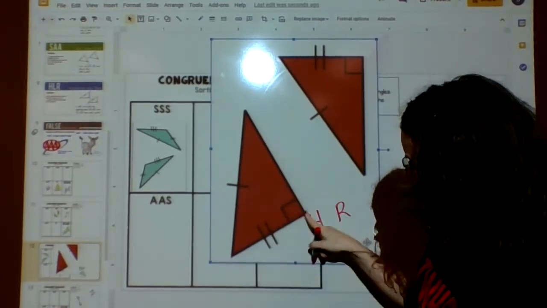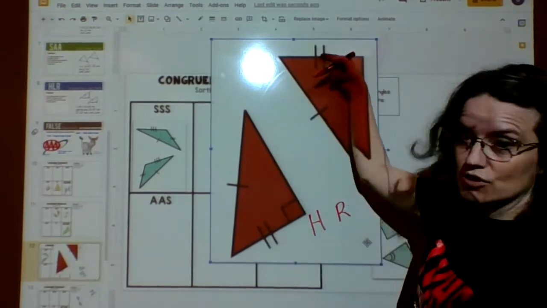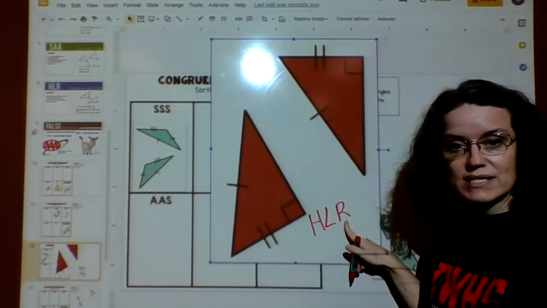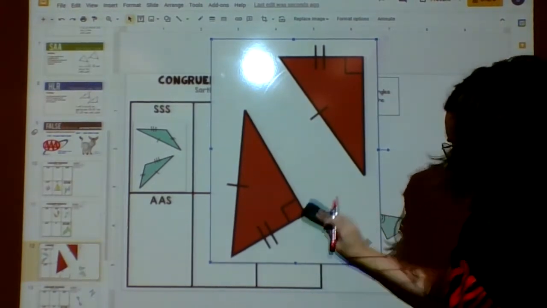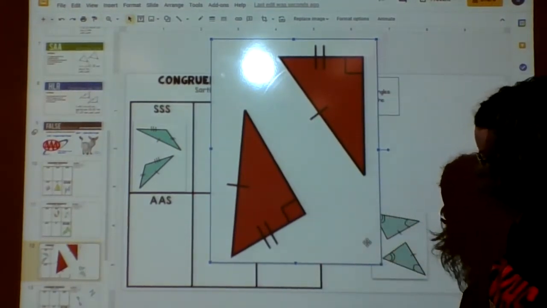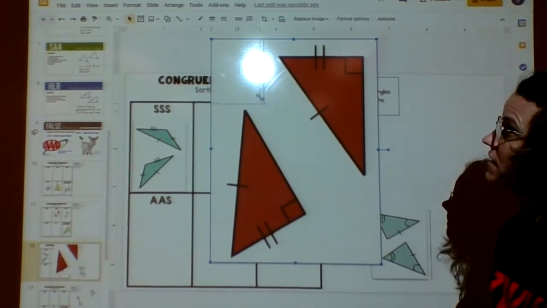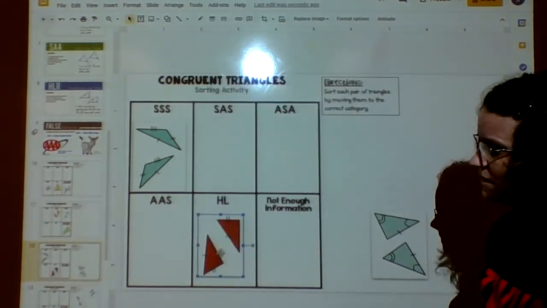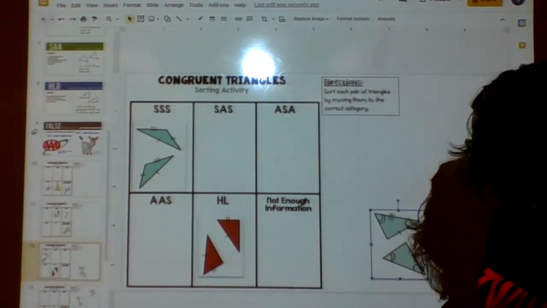And then I've got a leg here with 2 marks and a leg here with 2 marks. So my legs are congruent. So I do indeed have hypotenuse leg right here. So I can say that yes, these triangles are going to be congruent by HL, or by just HL if you're lazy. And you can come put him down here in hypotenuse leg, knowing, comfortable and happy that those triangles are indeed congruent.